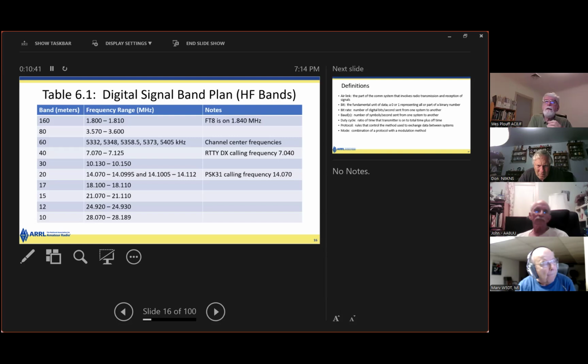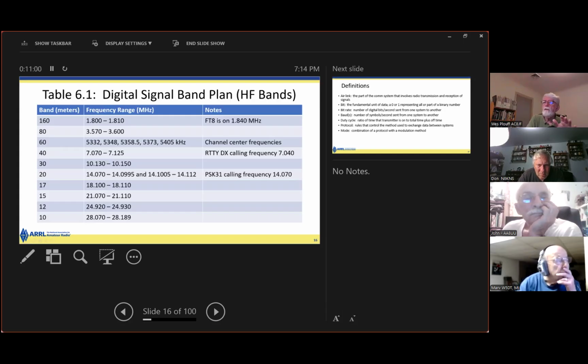And you can see, however, that on 60 meters, because 60 meters is channelized, you have to use the center frequencies of the five allocated channels, but you can use those frequencies on any mode.